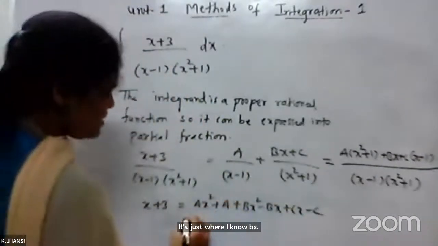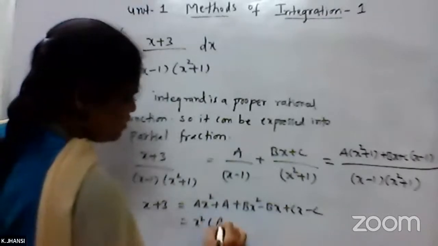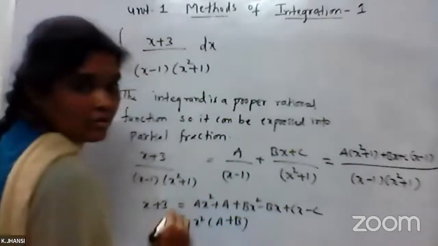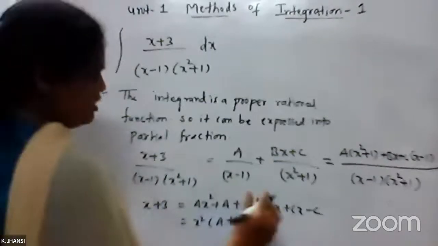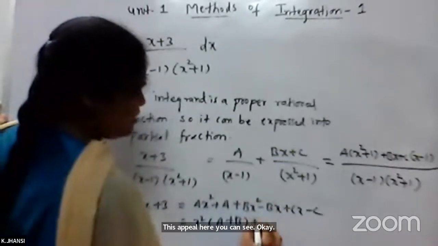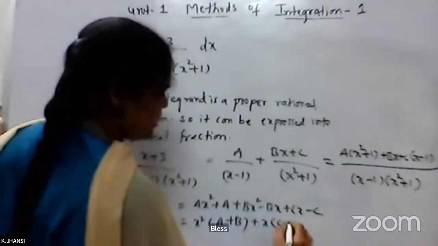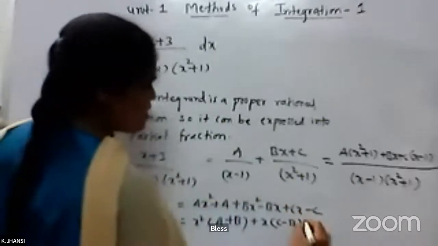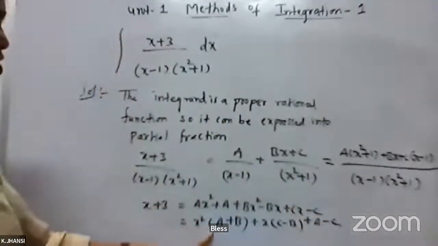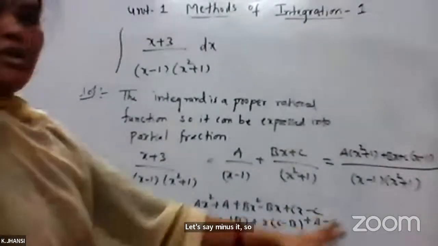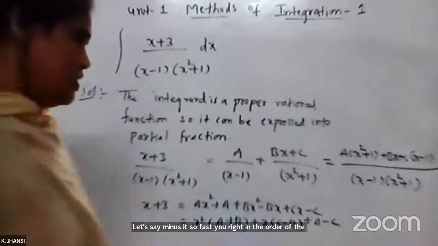Again, you can simplify this: x square you take outside, so a plus b. Plus x term you take out, it is c minus b, and last constant term is plus a minus c. First you write in the order of the powers: first x square, then x, then the constant terms.